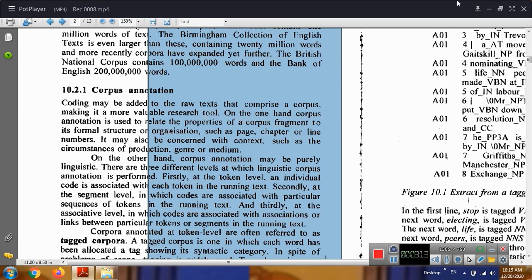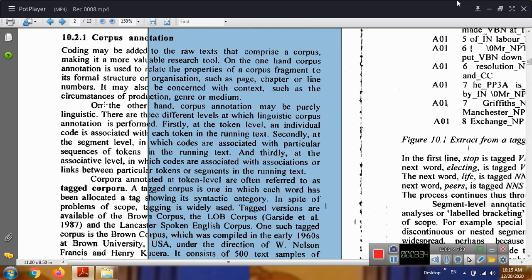On the one hand, corpus annotation is used to relate the properties of a corpus fragment to its formal structure or organization, such as page, chapter, or line number. It may also be concerned with context, such as circumstances of production, genre, or medium. On the other hand, corpus annotation may be purely linguistic.